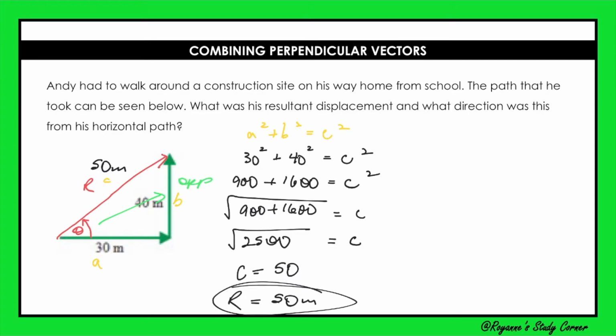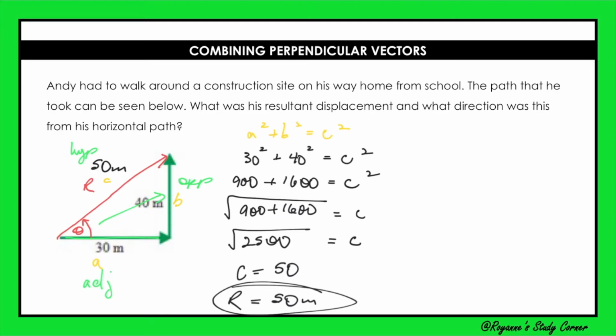The side that is along the angle is what we call adjacent. And well, the resultant we know is the longest side and it's opposite the right angle, so that's the hypotenuse. Now if we want to find theta, let's use the information that they gave us, if possible, to find it. So I'm going to use 30 meters and 40 meters. So that means I'm going to be using the opposite side and the adjacent side.